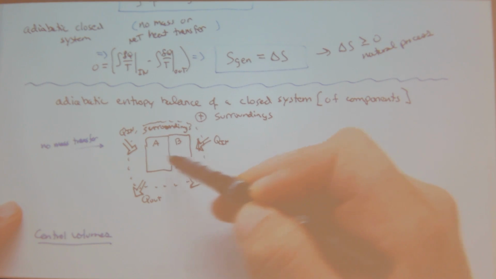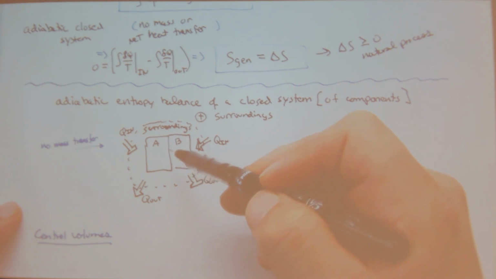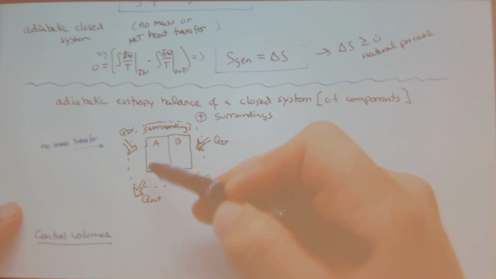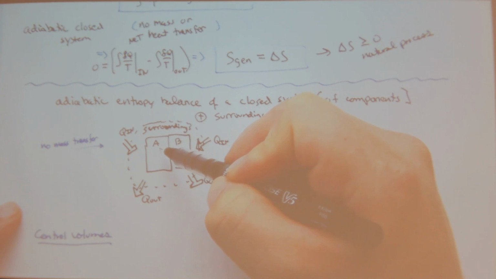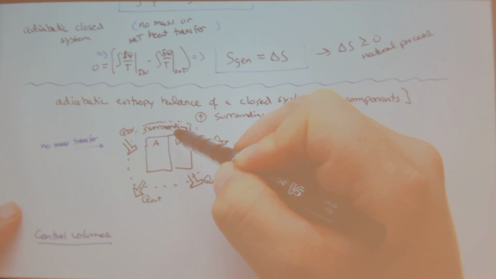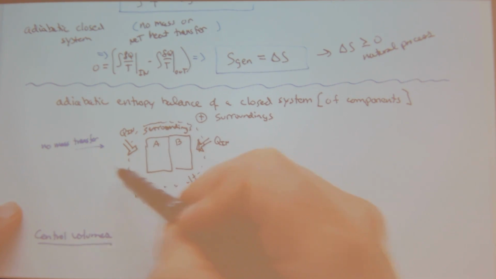You can have interaction, there can be mass transfer, so you spit on your computer, however you want to look at it, right? So within here, you can have mass transfer. There can be mass transfer between your surroundings and your system A. You can have mass transfer from B, but there's no mass transfer between your multi-component system and outside the boundary.